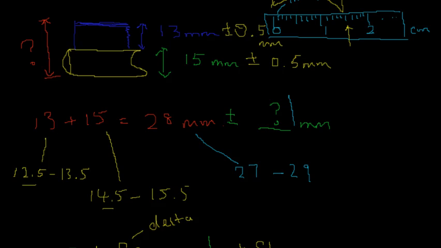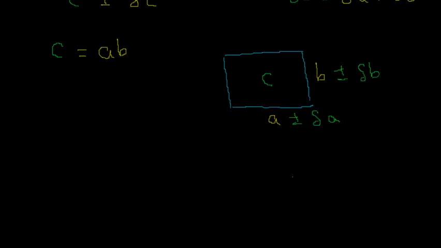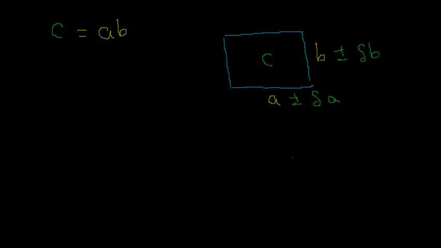But in this case, it is a little bit different. What we need to do is to think about the effects that these errors have on the area. This is how we do it.